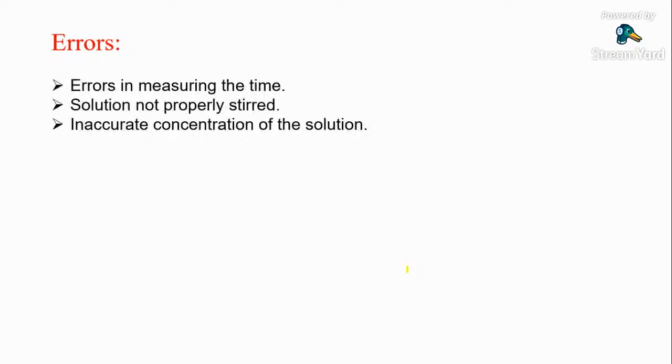For this experiment, there are a few errors that might happen. First, you didn't start the stopwatch simultaneously when the acid is added, meaning that it is a bit slower. Then the solution is not properly stirred. If you are using a glass rod, it is possible to stir incorrectly, but if you are using the magnetic stirrer, it can stir completely.